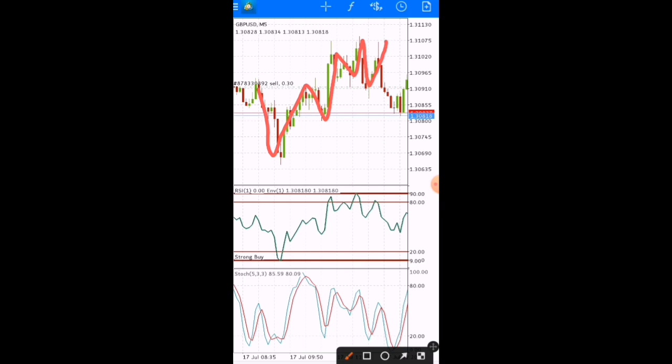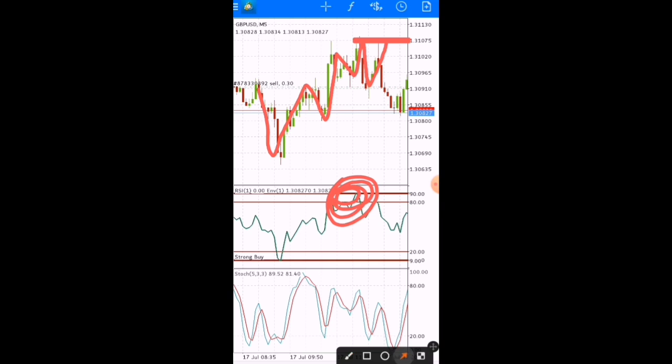Price failed to close above that upper key level. To me, if price fails to spike up before it can pull down again, it is a clear sign that price is reversing. Okay, the next thing to confirm is to just check if price is around the top of the RSI.